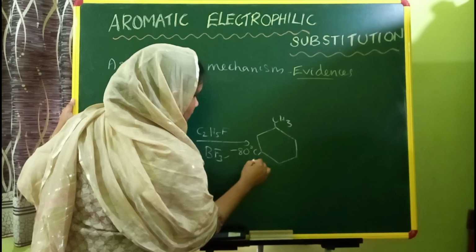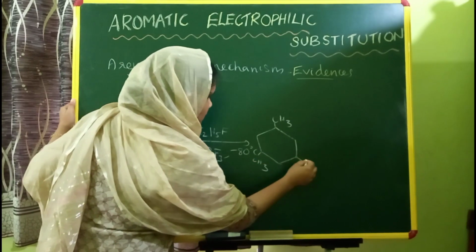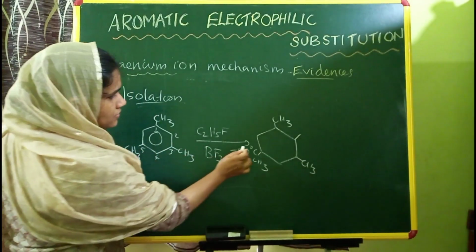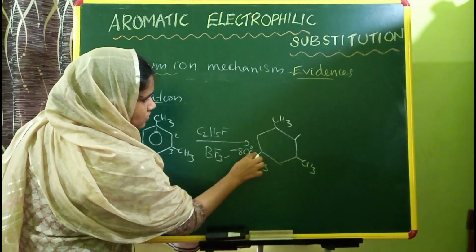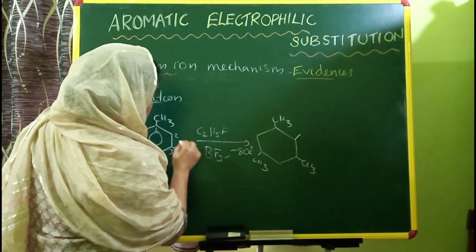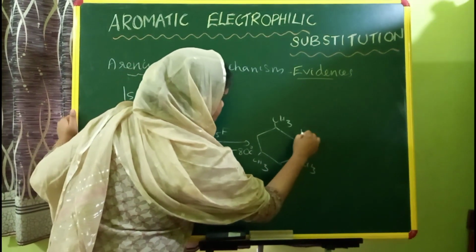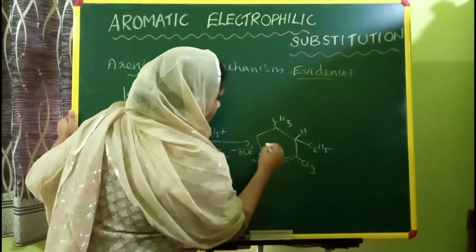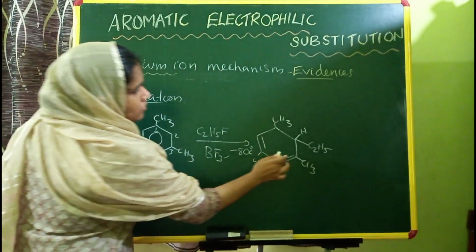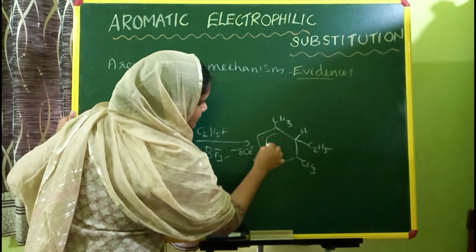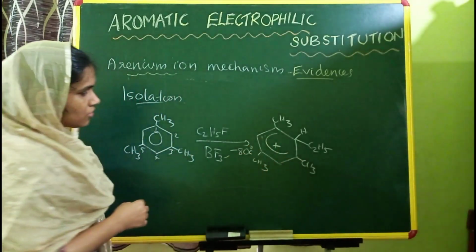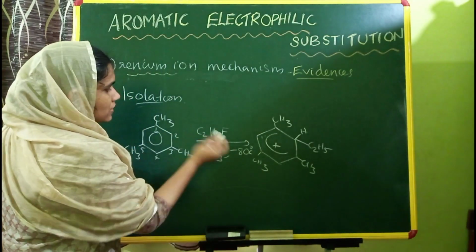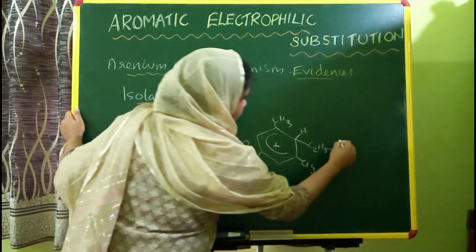A compound is formed like this, with CH3, CH3, CH3. An intermediate forms with C2H5, or you can write the resonance hybrid like this. It is a positively charged arenium ion, and the counter ion will be BF4-.